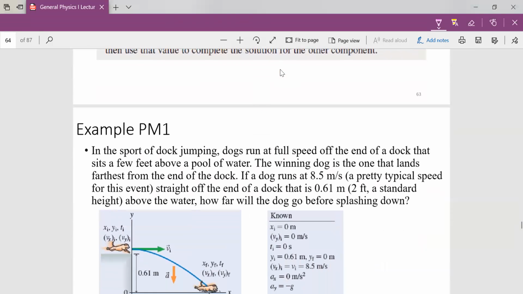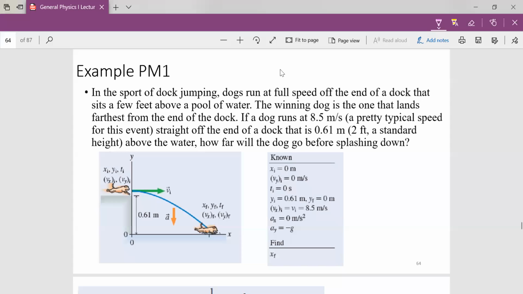Okay, so let's take another example, in this case with a figure description, not like the first example we saw. So we know the dog jumping game that people play with animals. In the sport of dog jumping, dogs run at full speed off the edge of a dock, then they take a leap and cover a distance.